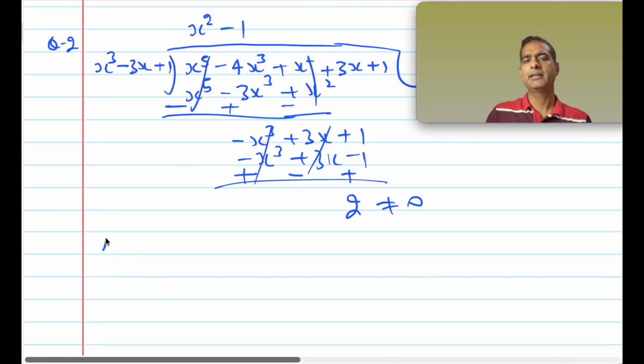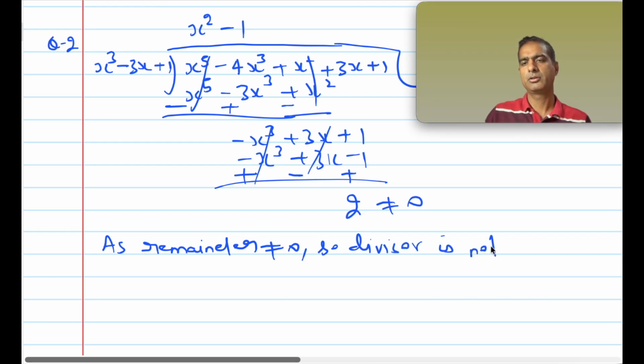So we can write: remainder is not equal to 0, so divisor is not a factor of dividend.